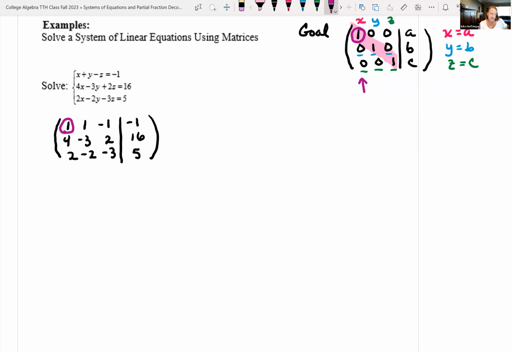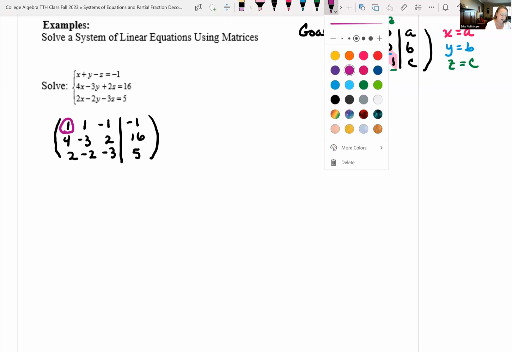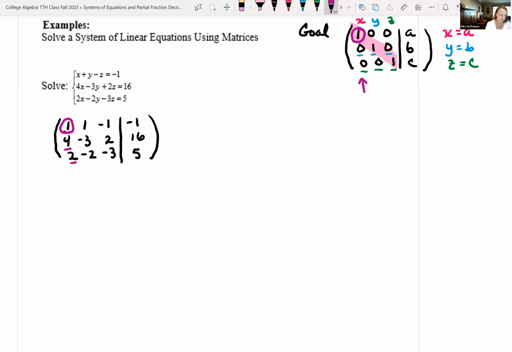Or the other way to make that a 1 is multiplying a different row by a number and summing it to that row. Actually, there's another way to do it. If there was a 1 in the column below, in the row below, I could swap my rows. Okay, but I do have the 1 where I want it. So I'm going to use that 1 to make zeros in the entries below.